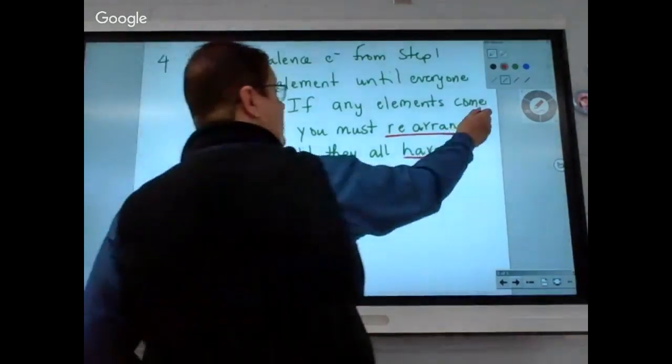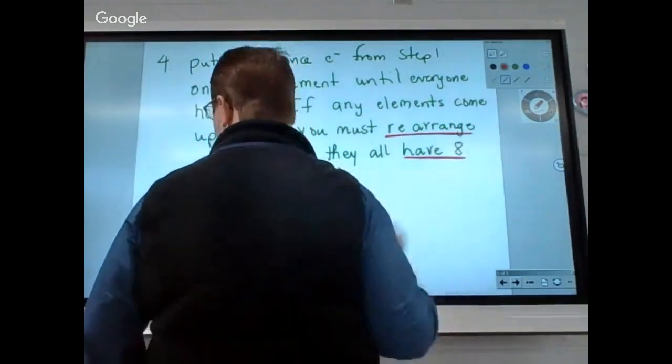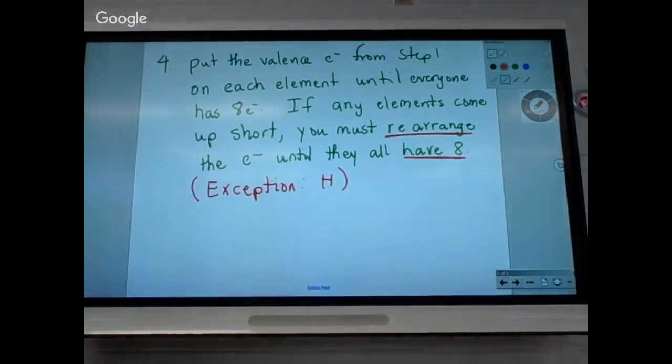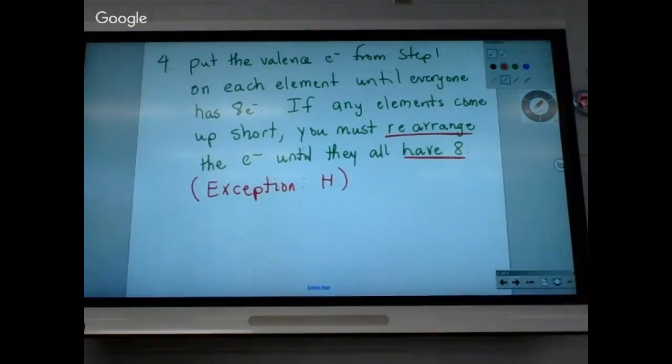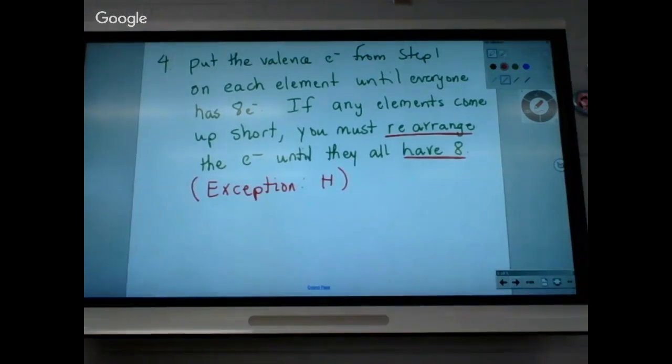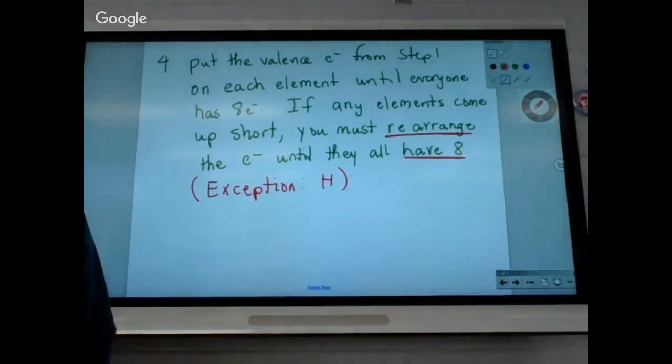This rearranging until they have 8 is where the multiple bonds come from. What are multiple bonds? That would be your double bonds and your triple bonds. That's what we're building towards at the end of class. When you draw them in, some of your elements are not going to have 8.